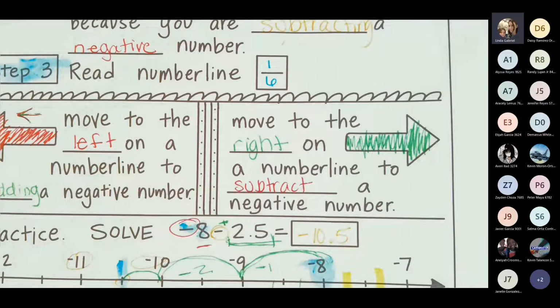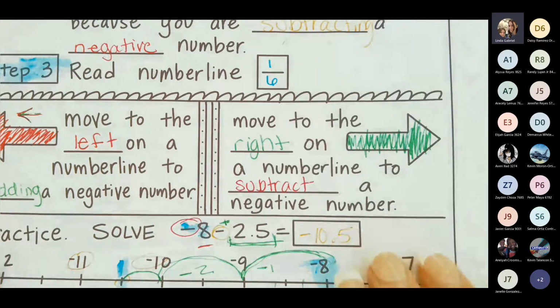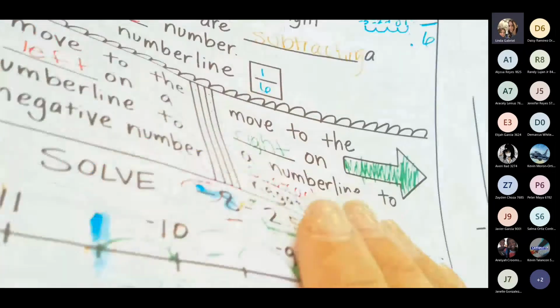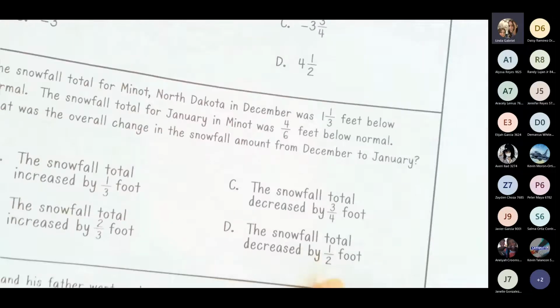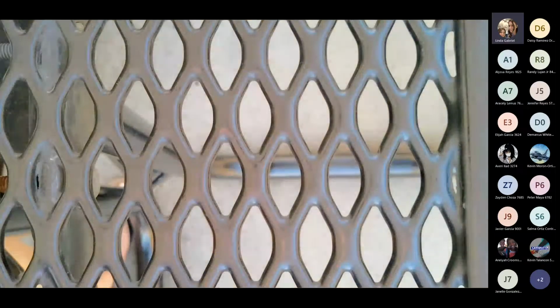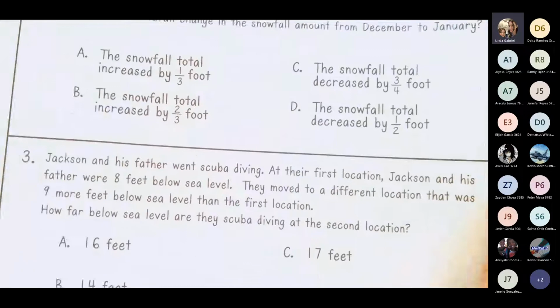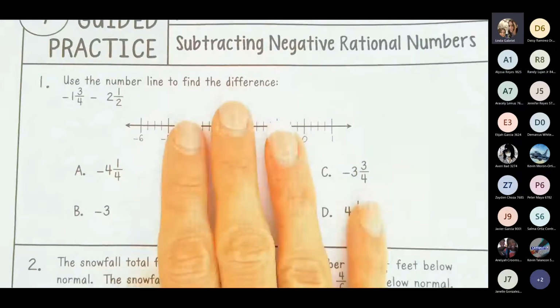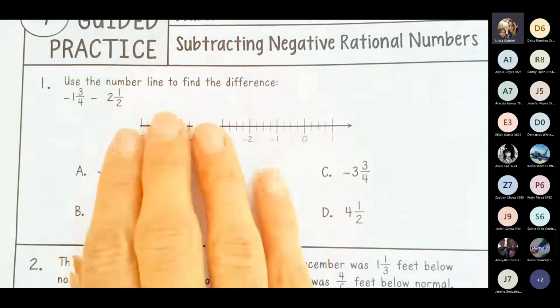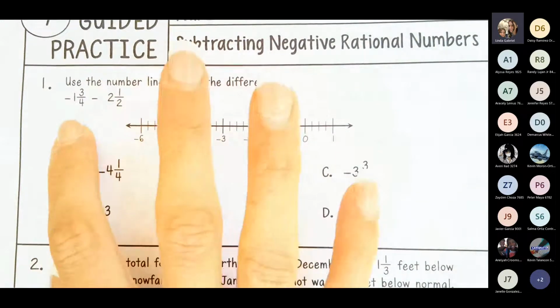All right, so what I'm going to do is I am going to give you guys 4 minutes for the guided practice. Now this one is a little bit difficult. Make sure that you understand what the question is asking you. So use the number line to find the difference between these two numbers.